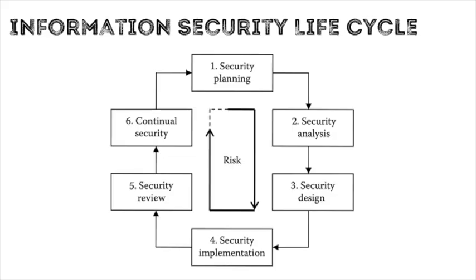Design, creating a security architecture with firewalls, encryption, and monitoring systems. Implementation, installing controls and training staff. Review, testing effectiveness through audits or penetration testing. Continual improvement, updating defenses like upgrading apps or issuing new secure cards.